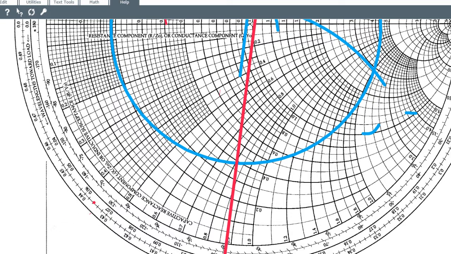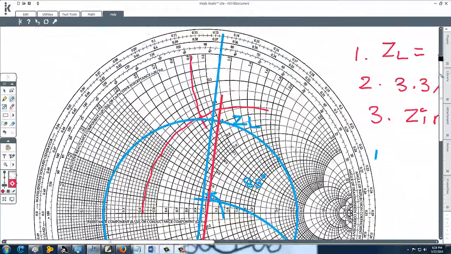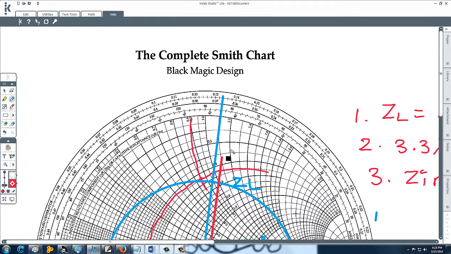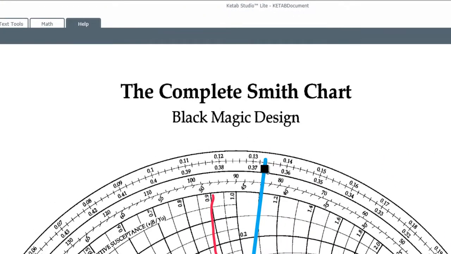We can calculate this point as follows. If we see here ZL and we have extended from ZL to here, then we see the reading 0.132 on the wavelength scale.